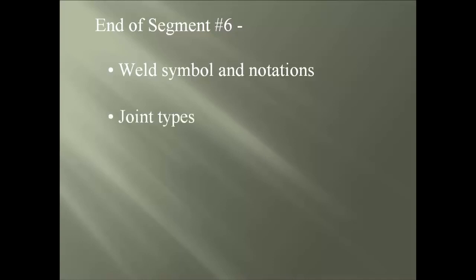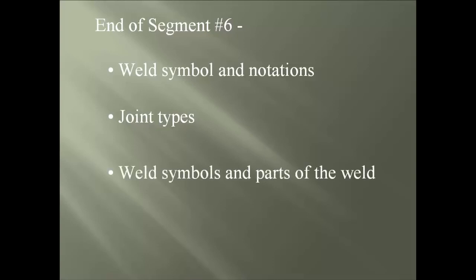Next, we reveal the 5 common joint types, with those being the butt, corner, T, lap, and the edge, which took us into learning the many different weld symbols and parts of a fillet and groove weld. And we close with visual examples of some common weld defects, which are found not only on the weld assembly, but also are caused by improper weld currents and techniques.